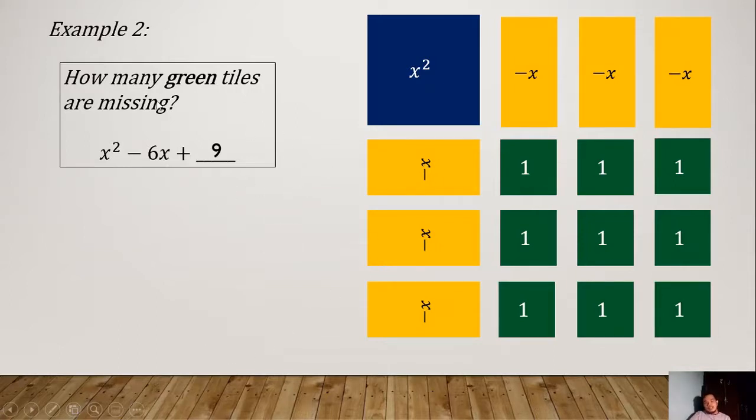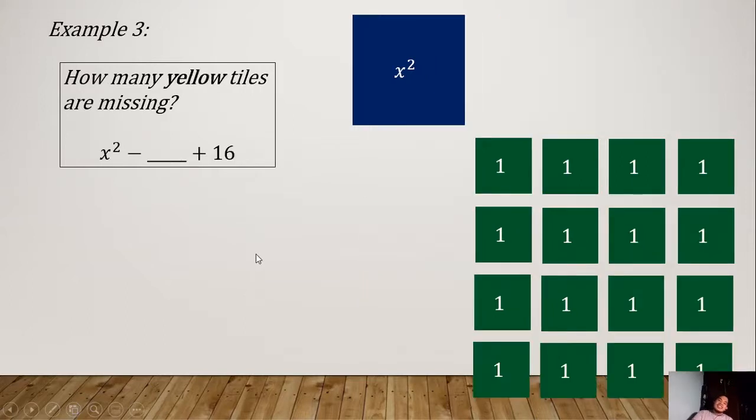And again, this trinomial represents this set of tiles. We have 6 yellow rectangles, so that is negative 6x. We have one large blue square, that is x squared, and we have 9 small green tiles, or small squares. So 9. Okay, next example.